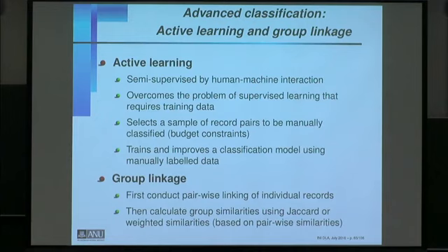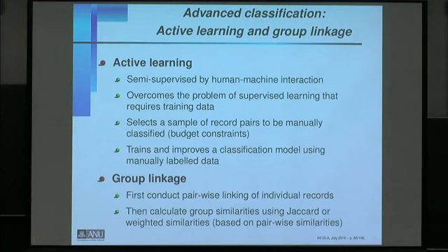So that's, again, an issue where supervised active learning in a closed environment is important. The idea is that we select a sample of record pairs which are difficult to classify and give them to domain experts. Often there is a budget constraint, so we can only classify a maximum number of record pairs manually, time-wise or money-wise.